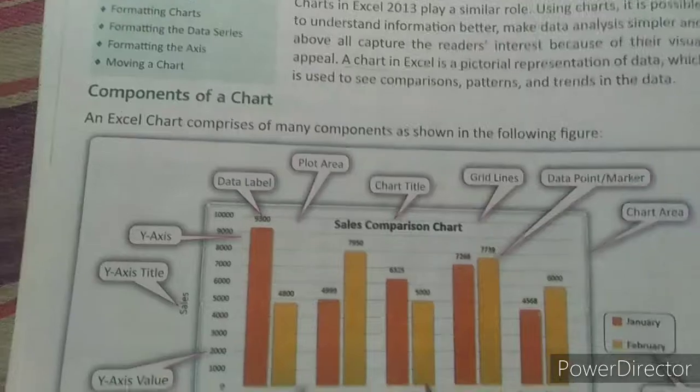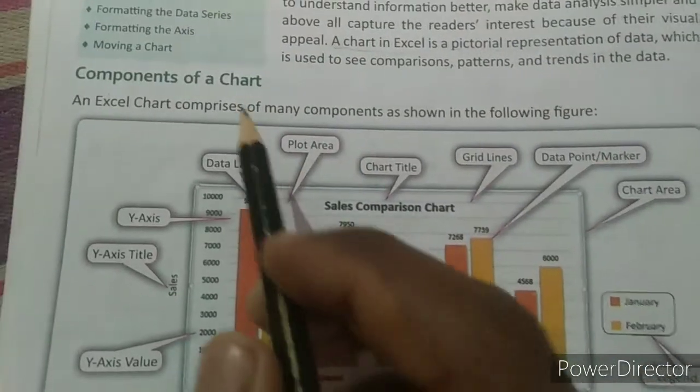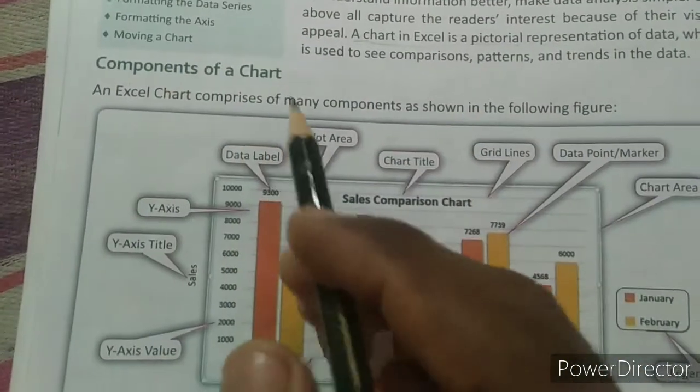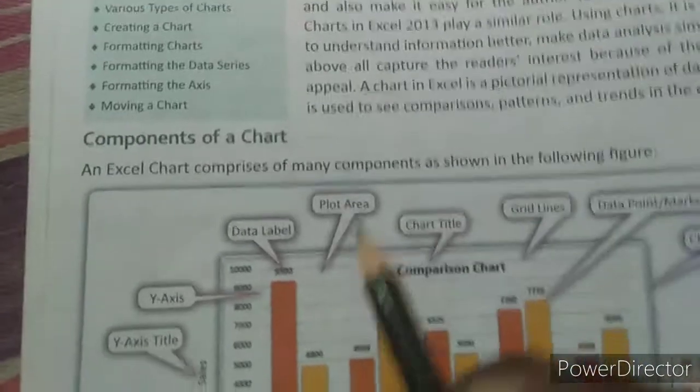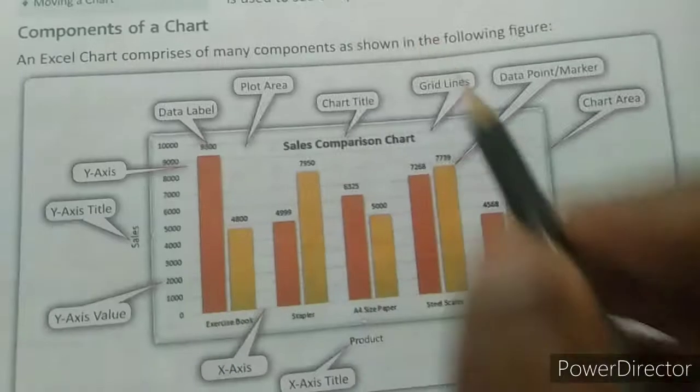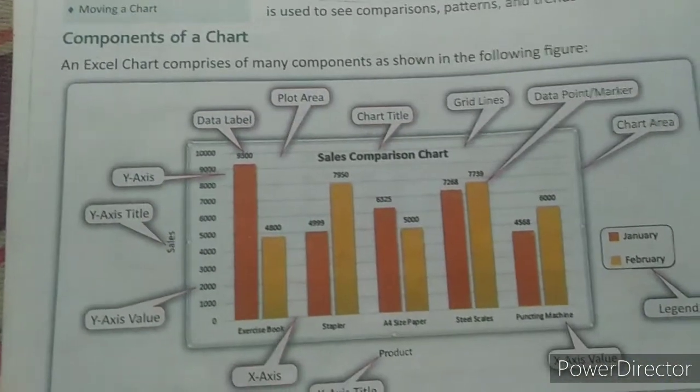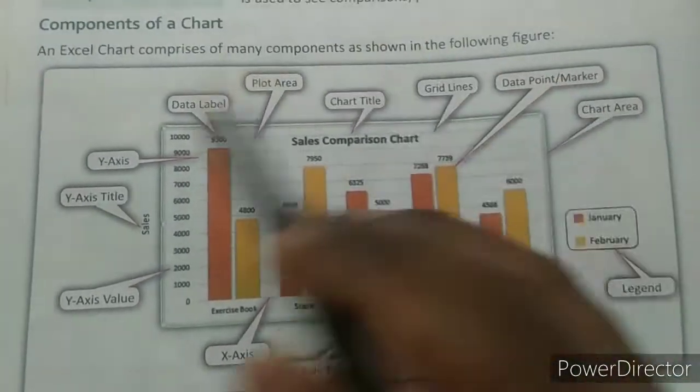Now let us know what are the components, what are the parts of a chart. Here, components of a chart. You can say this is a chart and here there are many parts or components, right?